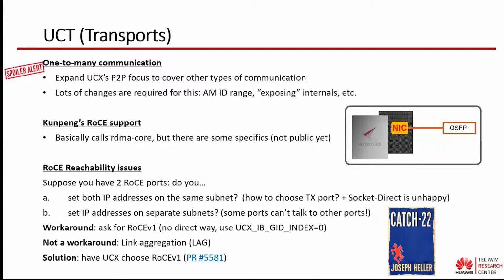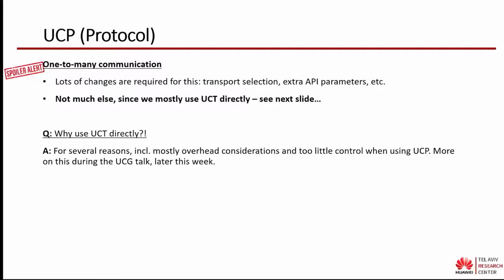Okay, so I'll probably move on. Not much in UCP. I just mentioned we use UCT for most of the stuff. Actually, what Yossi was talking about with transport selection would be very helpful regardless of the UCC, UCG question we're going to talk about on a different day. Clearly, it's very important to me to have a clever way to control transport selection.